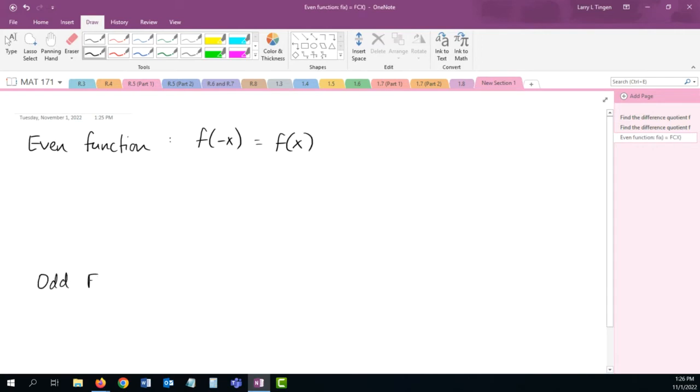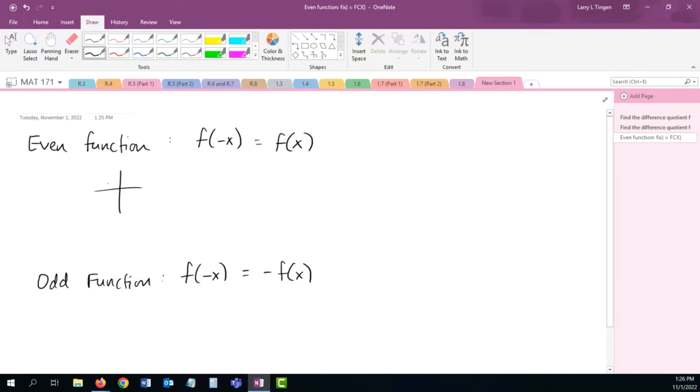Odd functions have the property that if I plug in negative x into f of x, what I'll end up with is the negative f of x.